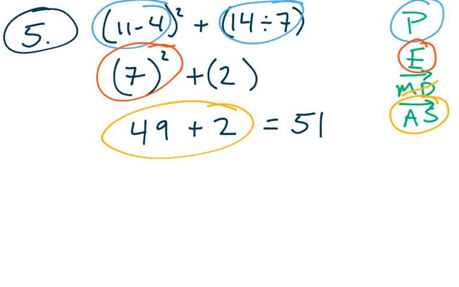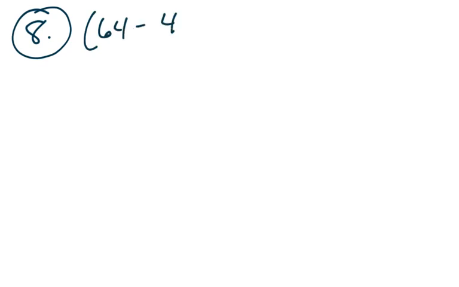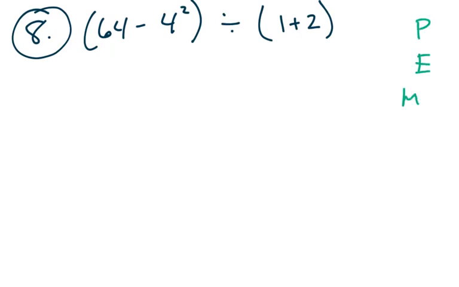Let's take a look at number 8. So we have 64 minus 4 squared divided by 1 plus 2. PEMDAS. So first we're going to do parentheses.